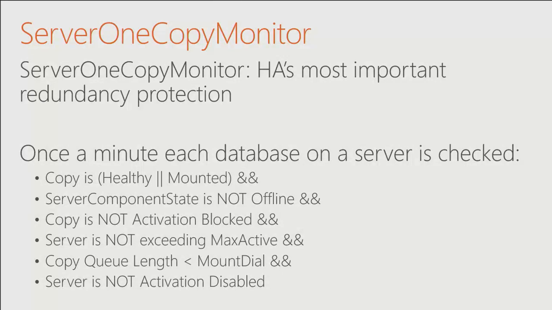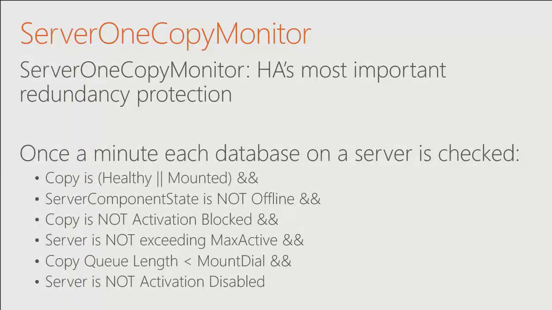In other words, the database copy should not be suspended. Either the server should not be suspended or the copy individually. The server should not have more active than max active on the box. Then, if I'm not missing anything, the copy queue should not be greater than mount dial, so we can mount this copy. And the last item we added in SP1 is about the server being activation disabled.